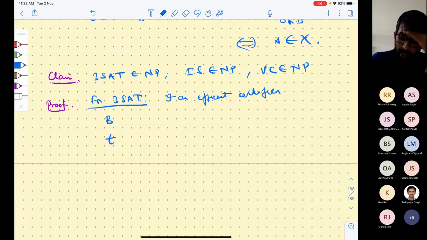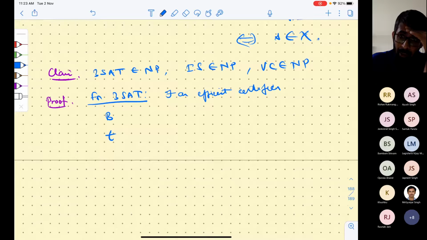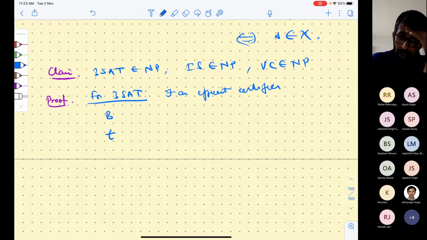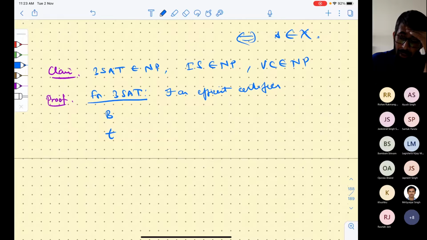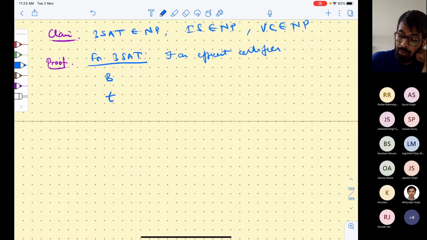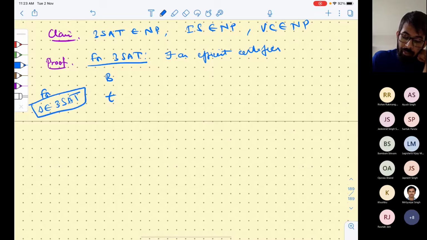So what is going to be T? I had said it before. For S belonging to 3SAT, what can be T?